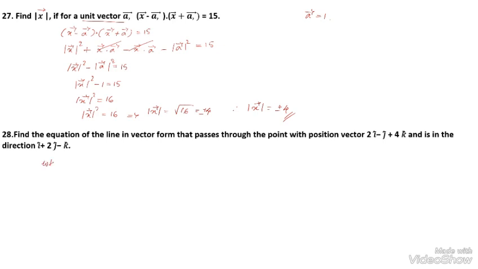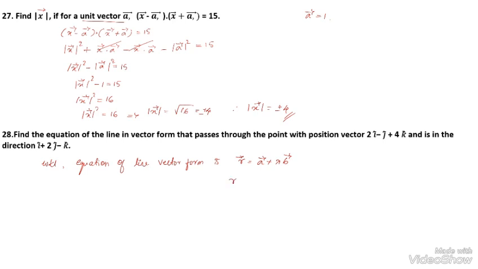We know that the equation of a line in vector form is vector r is equal to vector a plus lambda into vector b. This is the equation of line in vector form.